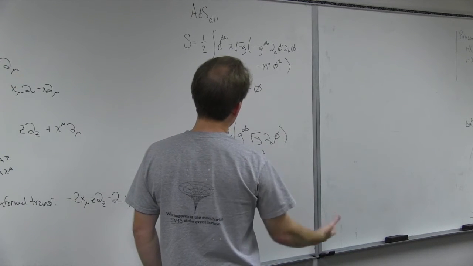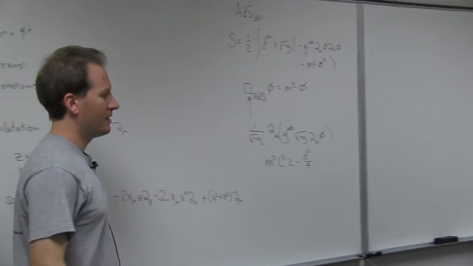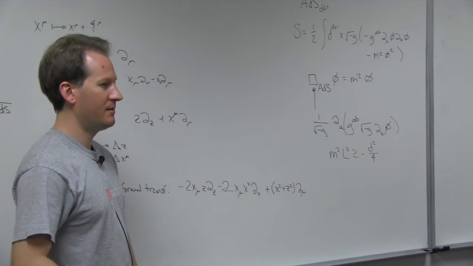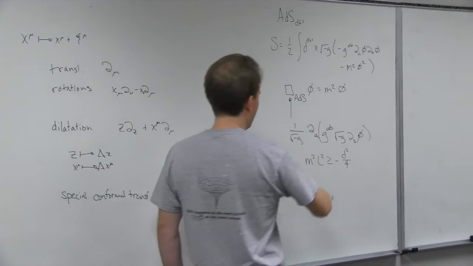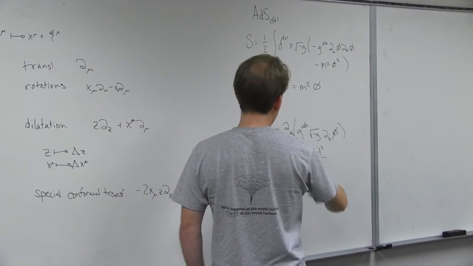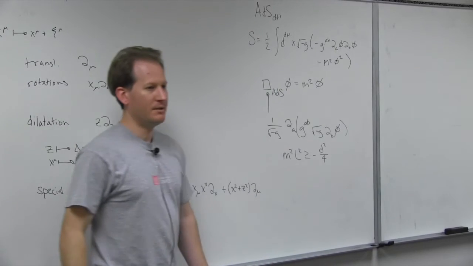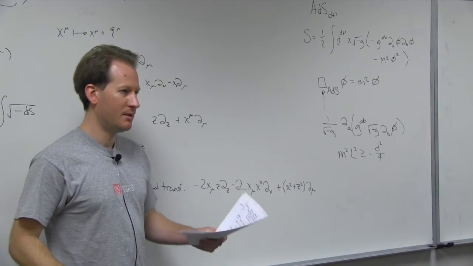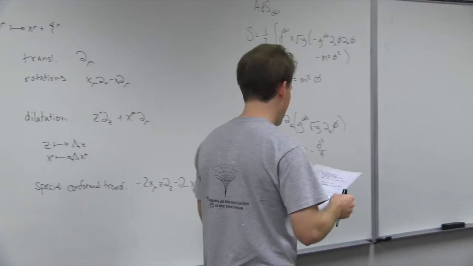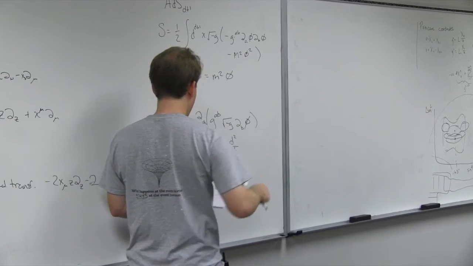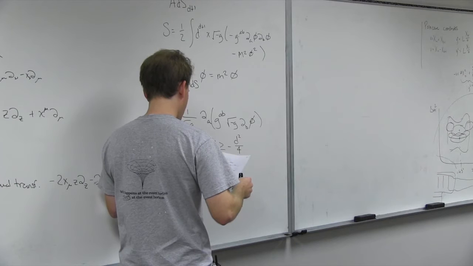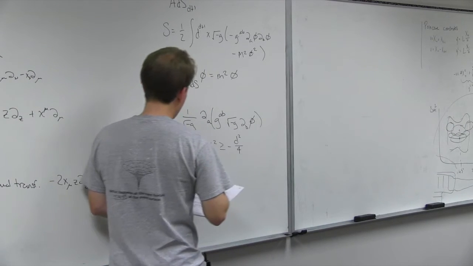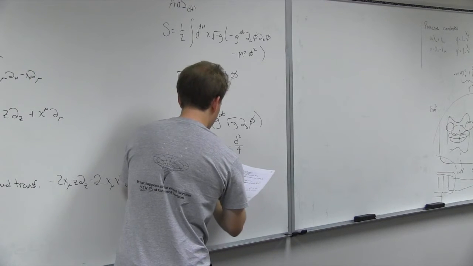Basically, the curvature of AdS acts like a positive mass correction. So even though this locally looks tachyonic, it's stable and doesn't have any problems as long as you're above this bound.